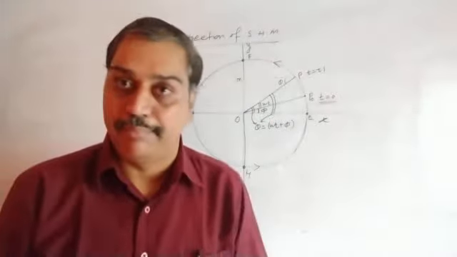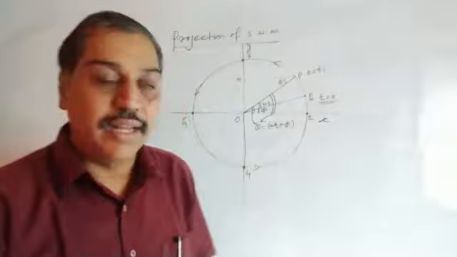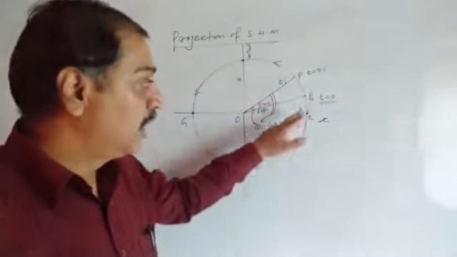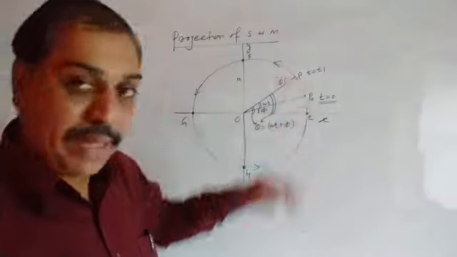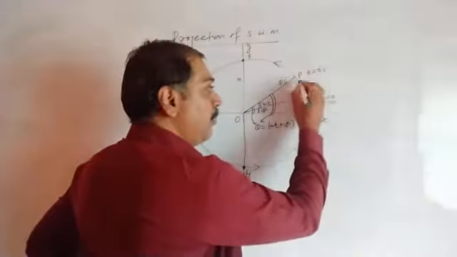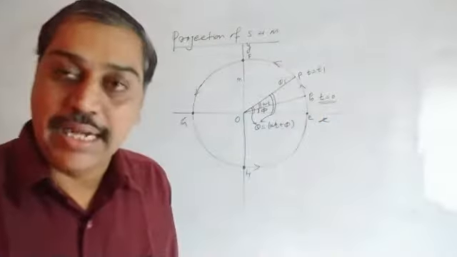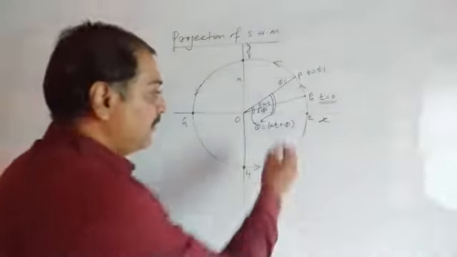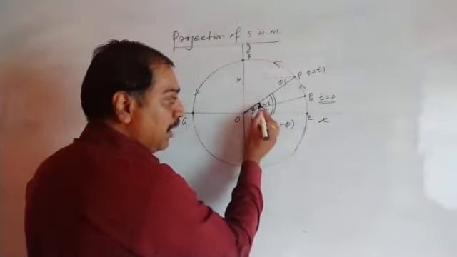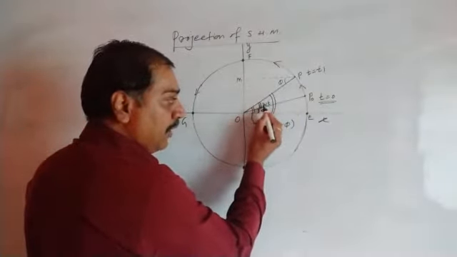After some time, what will occur? The particle never stops here because it is performing uniform circular motion. It will move from P0 to P. The particle moves from this P0 to the new position P, and it will trace a further angle. This is phi. When it moves from P0 to P, it makes an angle omega t.